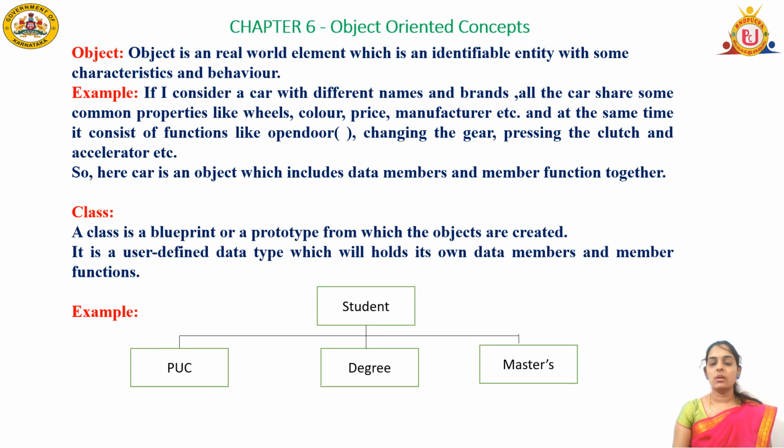Now let's see one by one the characteristics of OOP. The first one is object. In order to understand the OOP technology, we need to better understand what an object is.